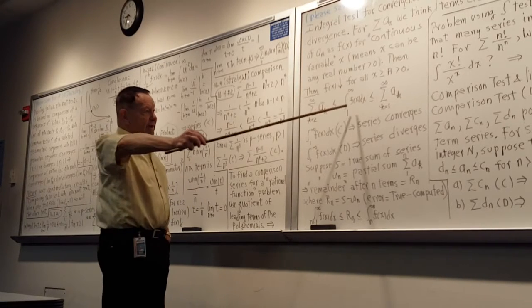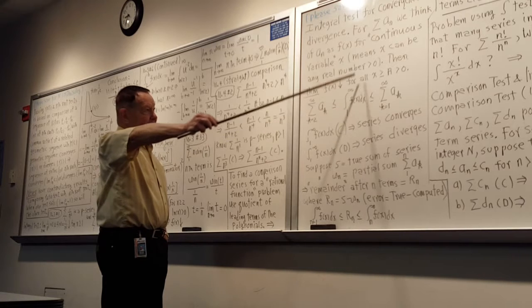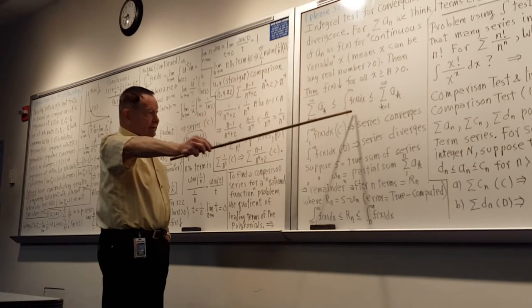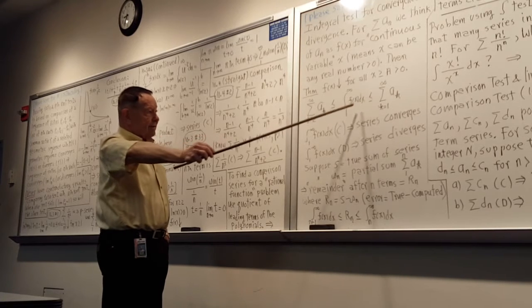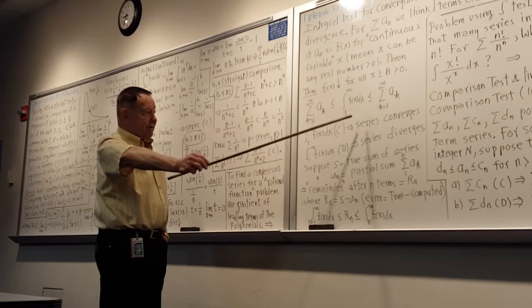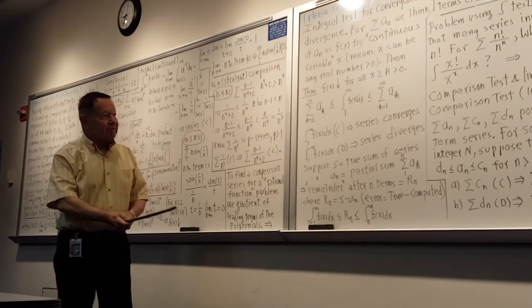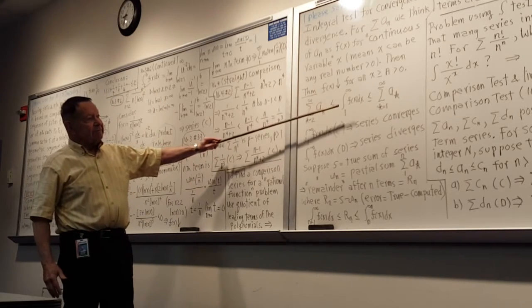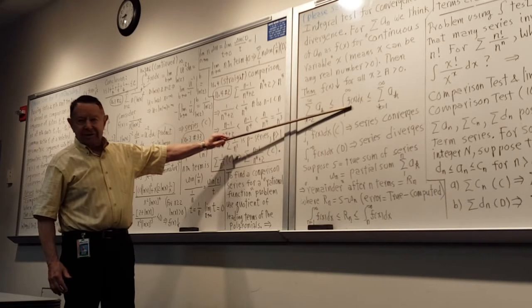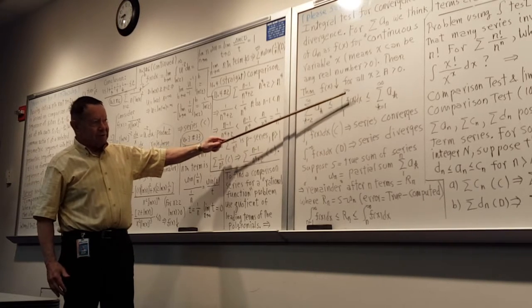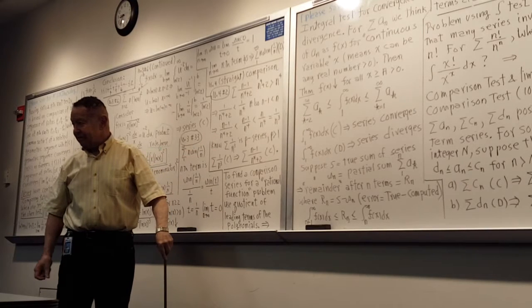And so what we have is the integral of our function of a continuous variable from 1, or wherever you're starting, to infinity. First of all, we're thinking of this as an improper integral, which means it might converge or it might diverge.